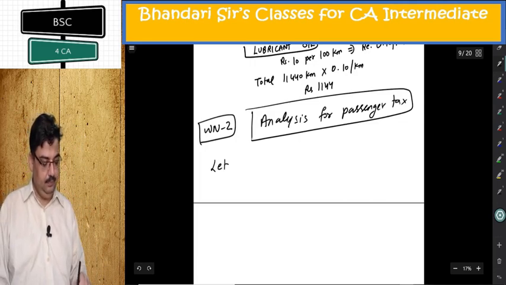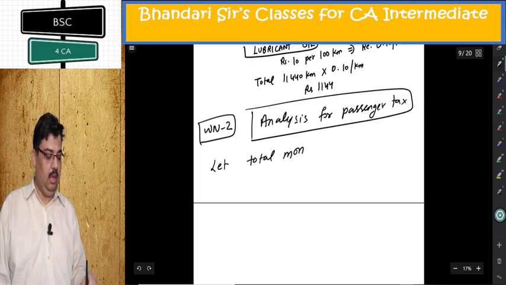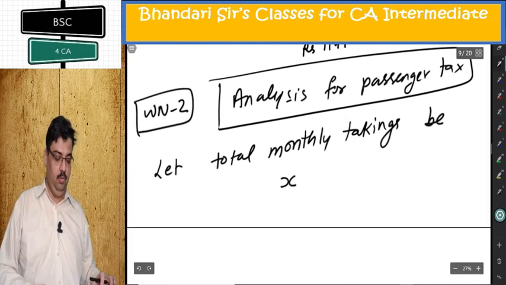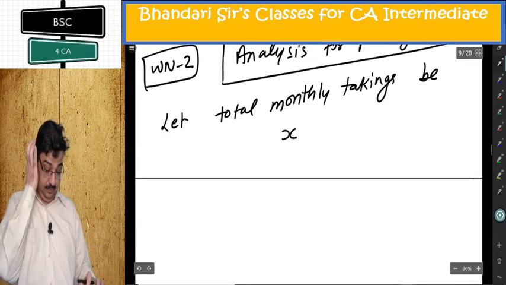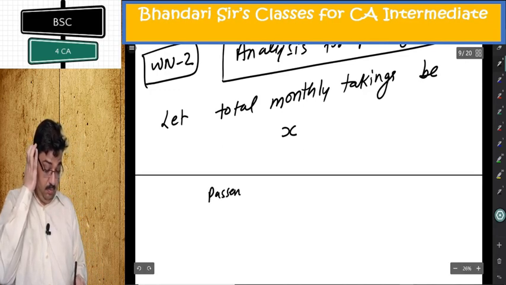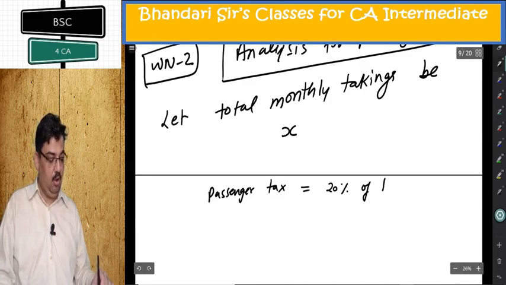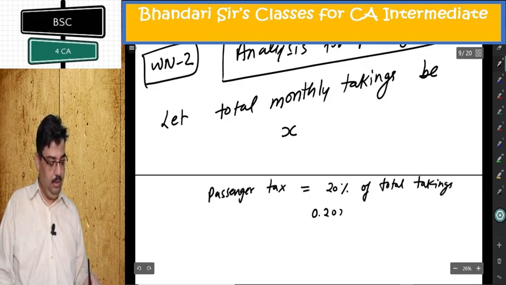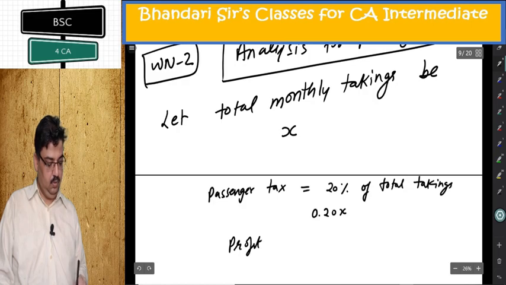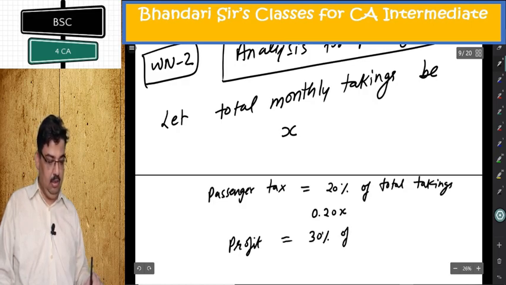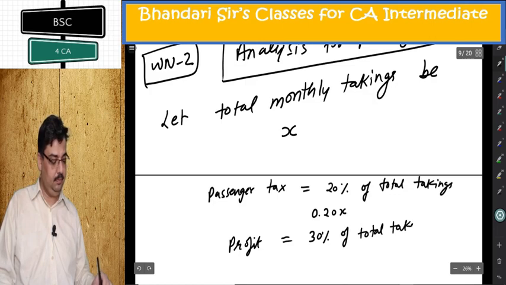Let total monthly takings be X. Assume total monthly takings to be X. Passenger tax is 20% of total takings, 0.20x. Profit is 30% of total takings, 0.30x.